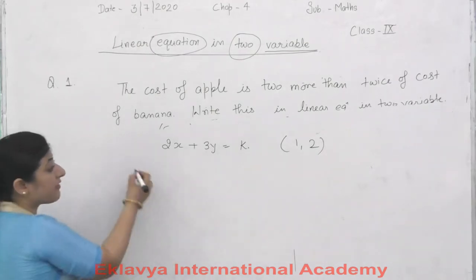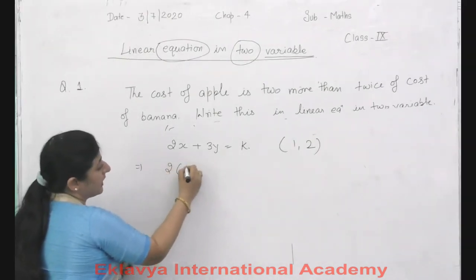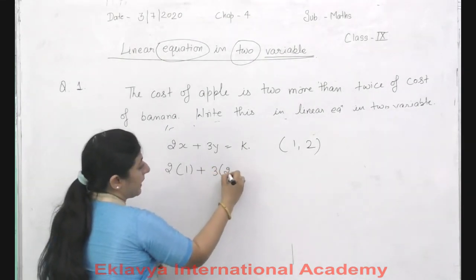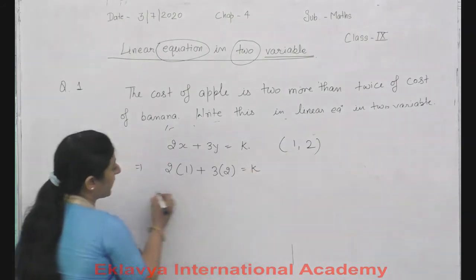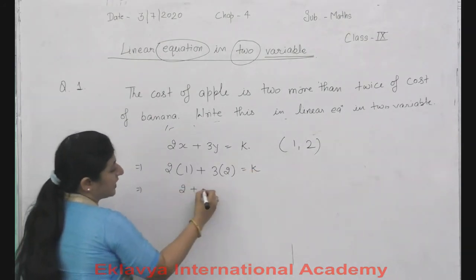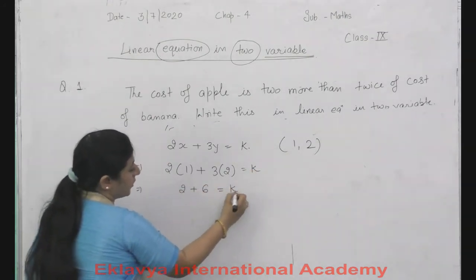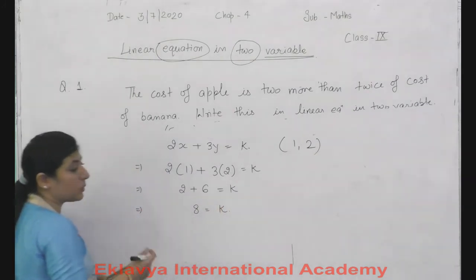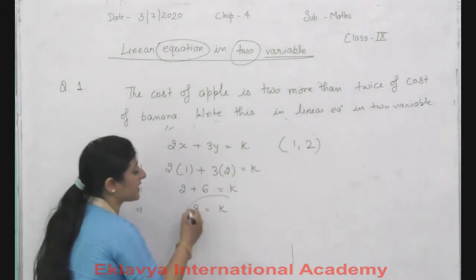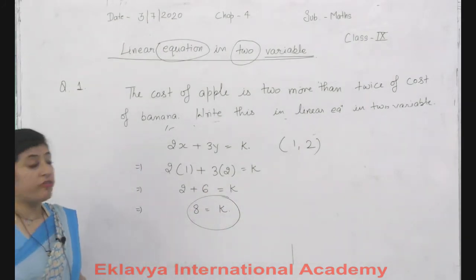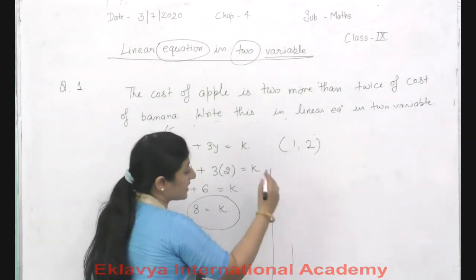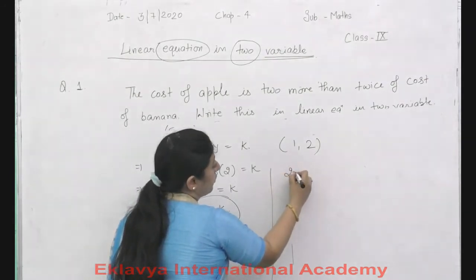Then just put the values of x and y. 2 multiplied by 1 plus 3 multiplied by 2 is equal to k. 2 plus 6 is equal to k. 6 plus 2, 8 is equal to k. It means what is the value of k? 8.